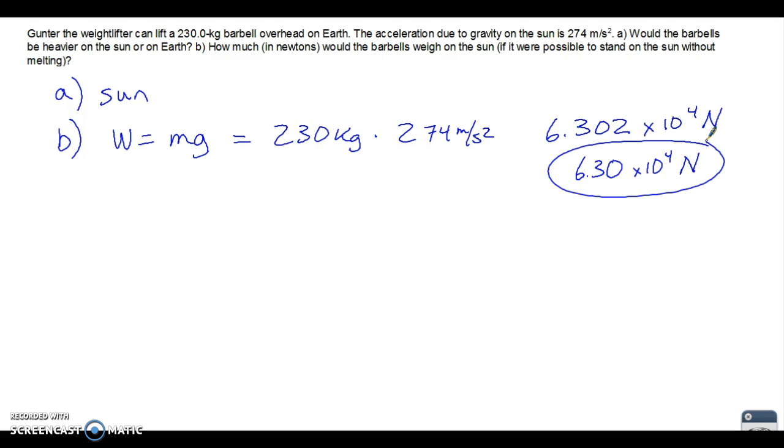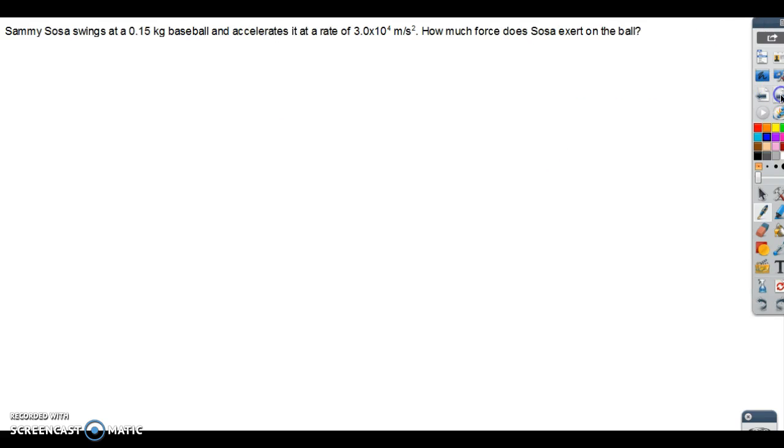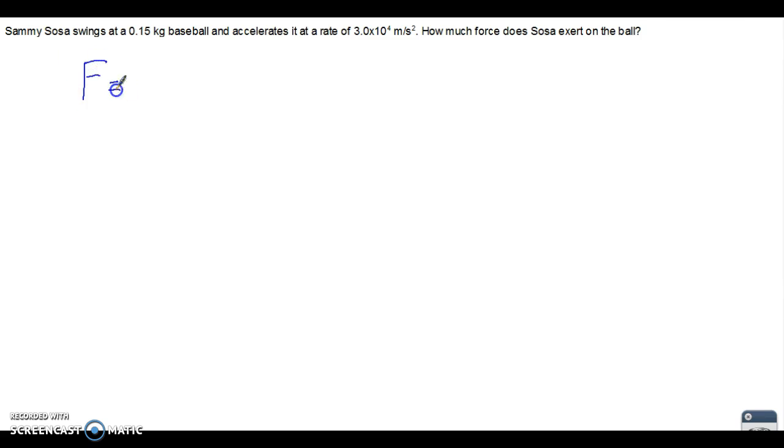Number 3. We have Sammy Sosa swinging at a 0.15 kilogram baseball and accelerating it at a rate of 3 times 10 to the 4th meters per second squared. How much force does Sammy Sosa exert on the ball? So we want force, which is equal to mass times acceleration.